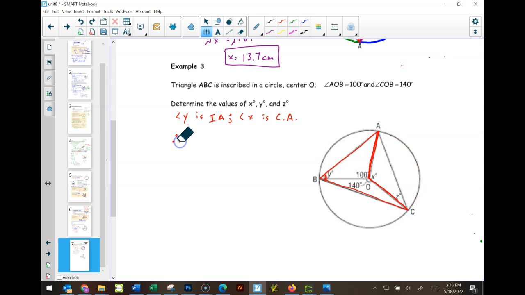Therefore, we know that 2y is going to be the same as x. And how do we know that? That was the central angle inscribed angle property. So that was the first one we looked at today.